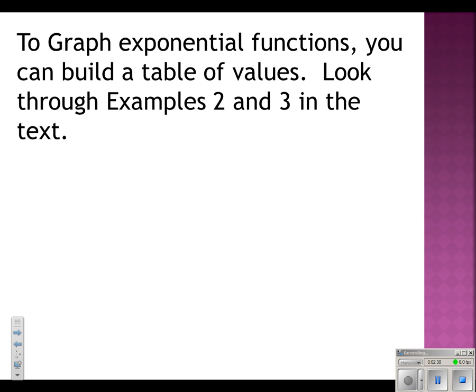For both of the problems, they chose the x values negative 3, negative 2, negative 1, 0, 1, and 2 to plug in. So on example A, with f of x being 2 to the x power, if you put in negative 3 for the power of x, you'd have 2 to the negative 3 power, and that's 1 over 8. Then they went and put the negative 2 in for the power. 2 to the negative 2 power is 1 over 4, and so on and so on.